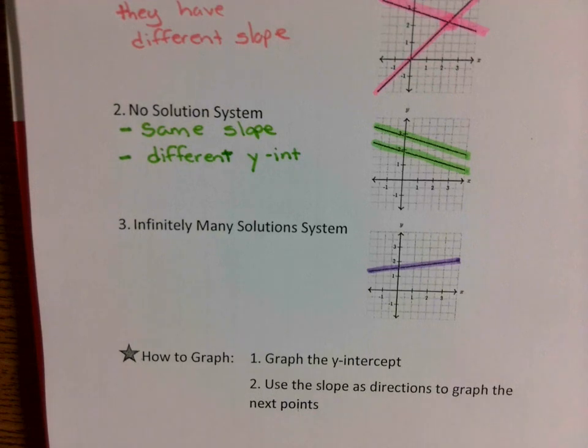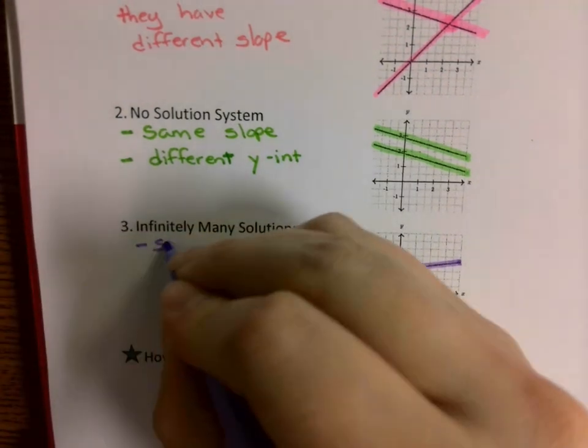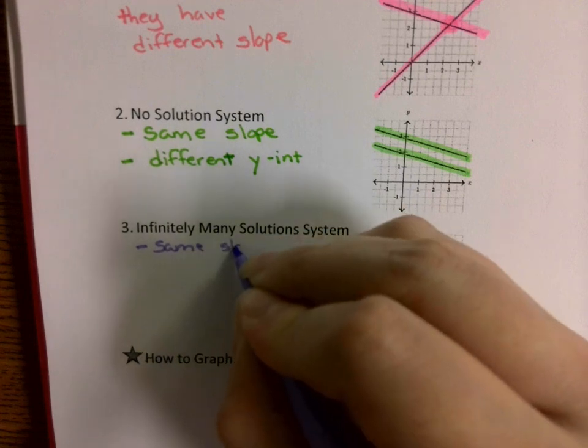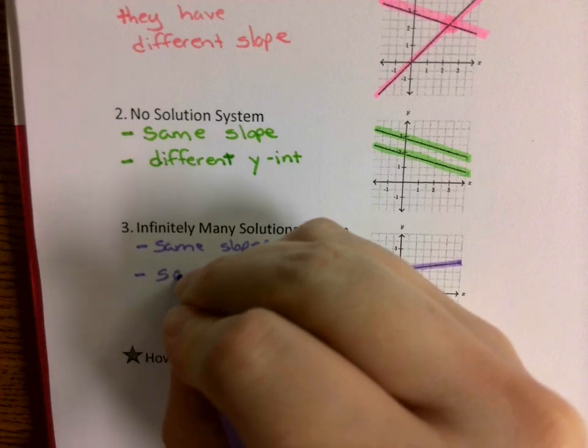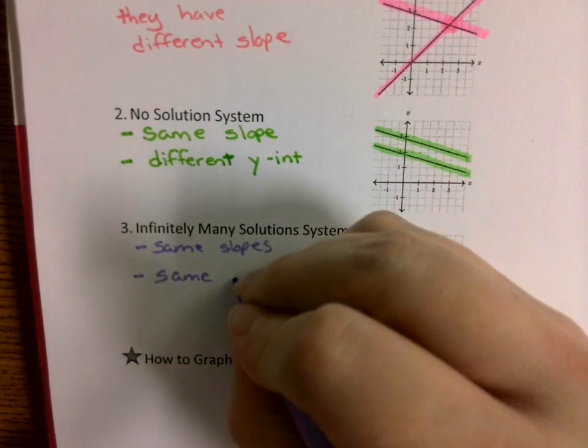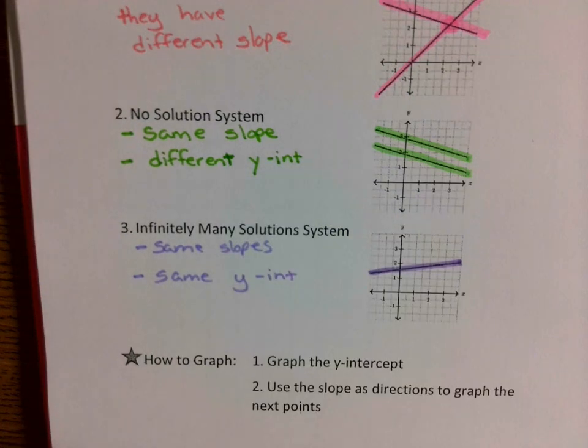They become the exact same equation, meaning that they will have the exact same slope and they will have the exact same y-intercepts. Their slopes will be identical, their y-intercepts will be identical, meaning it will create an identical line. So even though it might be two separate equations or two separate situations, they come out to an identical graph.